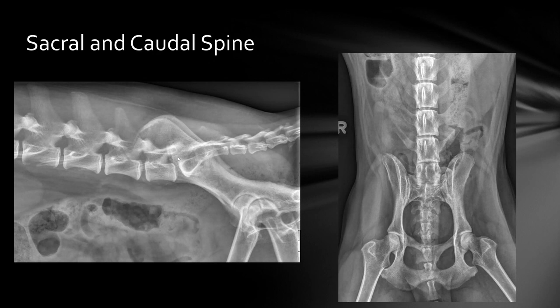Is there mineralization in the intervertebral foramen? What is happening here? Is that spondylosis deformans? So that area often looks a little bit weird and not sharply defined, as if there was new bone formation happening. Keep in mind that the sacroiliac joints, which are quite large and round, superimpose exactly on this area.